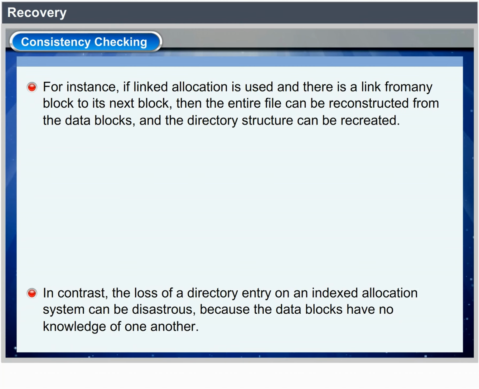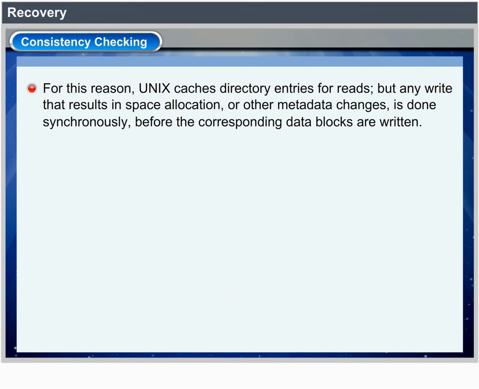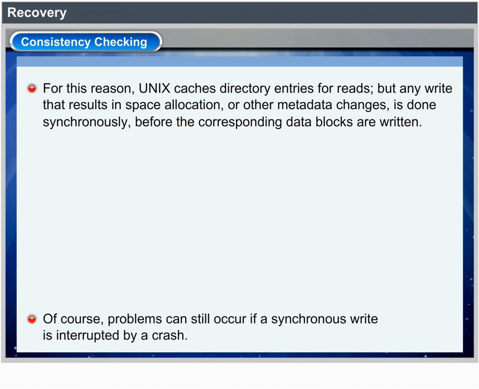For this reason, Unix caches directory entries for reads. But any write that results in space allocation or other metadata changes is done synchronously before the corresponding data blocks are written. Of course, problems can still occur if a synchronous write is interrupted by a crash.